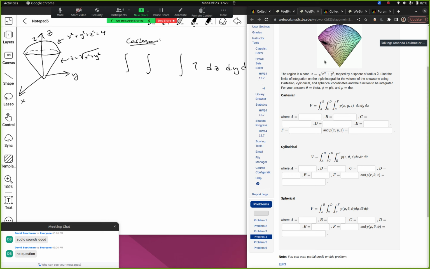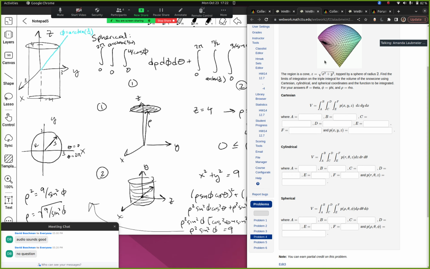Oh, shoot. When I did this one, I forgot to write, in the middle here, we have to put that rho squared sine phi.